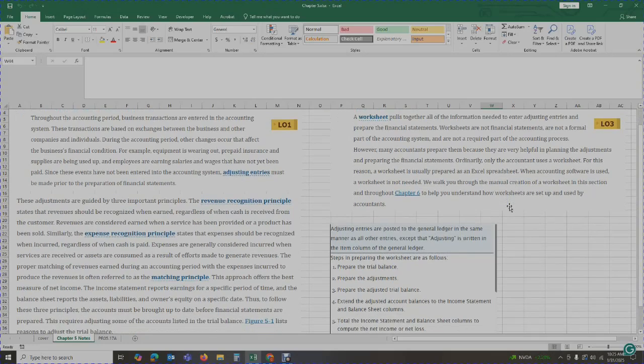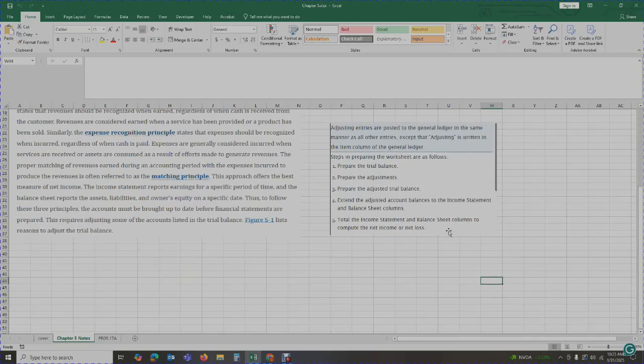So the textbook does a wonderful job in explaining adjusting entries, which are posted to the general ledger in the same manner as any entries. So we have our general journal entries that we've already covered in prior chapters, and now we have adjusting entries, and the process is the same. We're going to enter them in a journal.